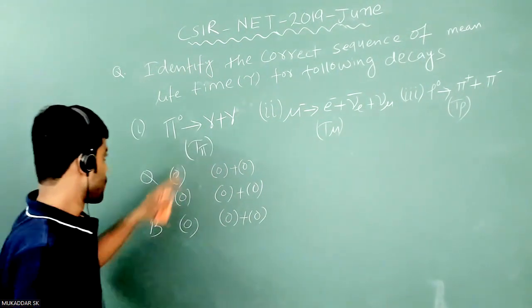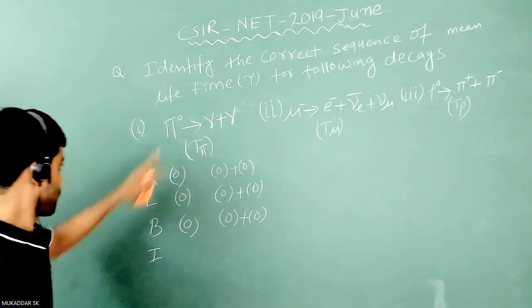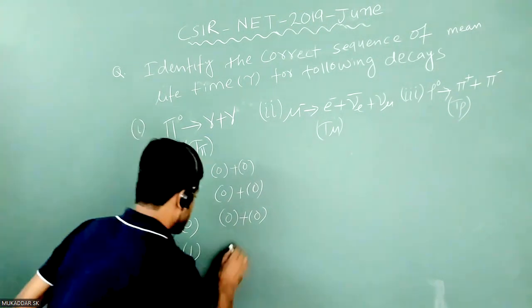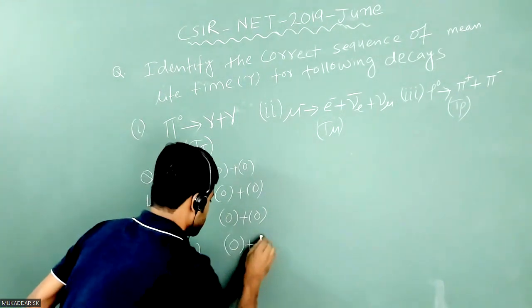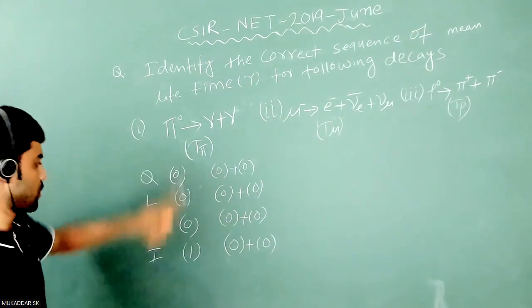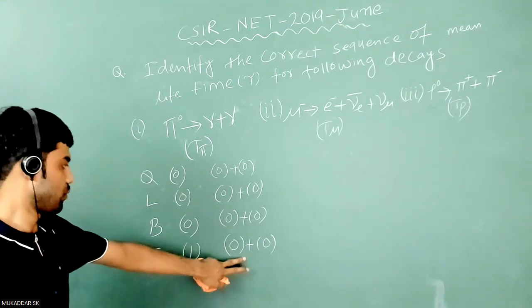Now we'll check isospin I. For pi 0, this number is 1, but for gamma, this number is 0, which means I is not conserved. On the left hand side, you have plus 1, but on the right hand side, you have 0.